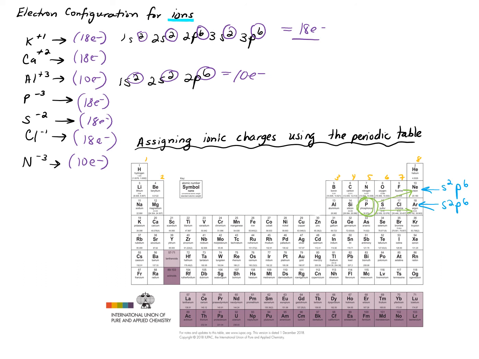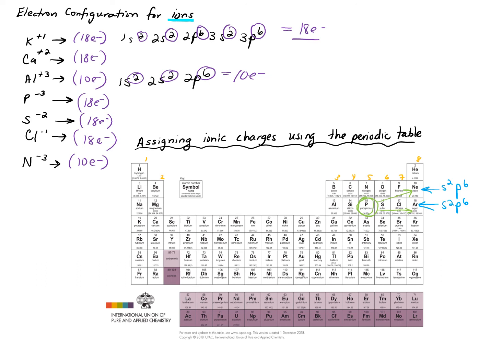Now, the charges that I'm giving you here for the ions, we can actually predict them using the periodic table. The number of valence electrons for group 1 is 1 valence electron. So elements in group 1, remember, the valence electrons are the ones that are being transferred, giving away electrons or gaining electrons.